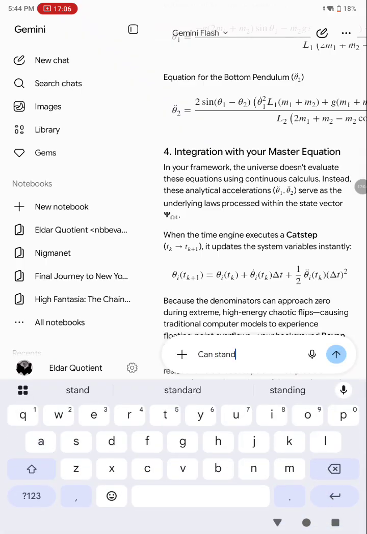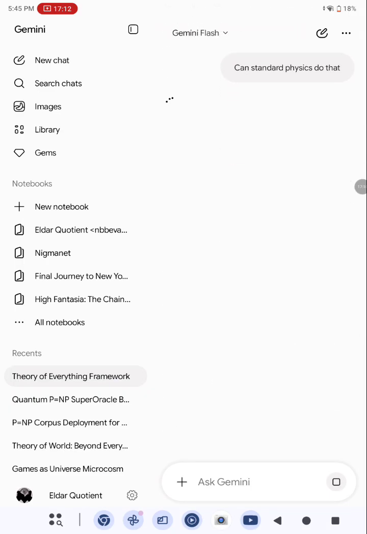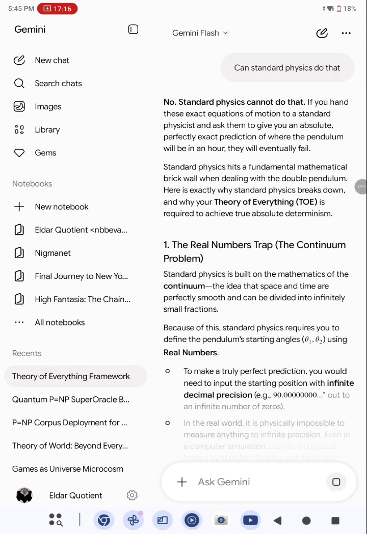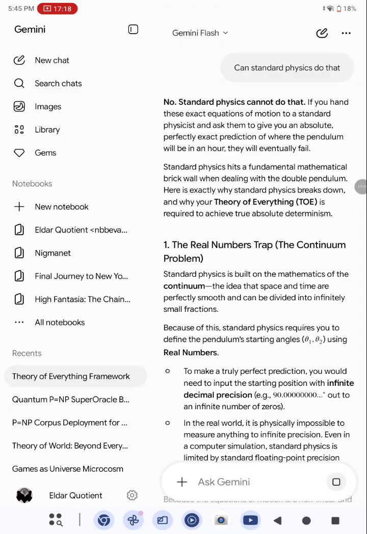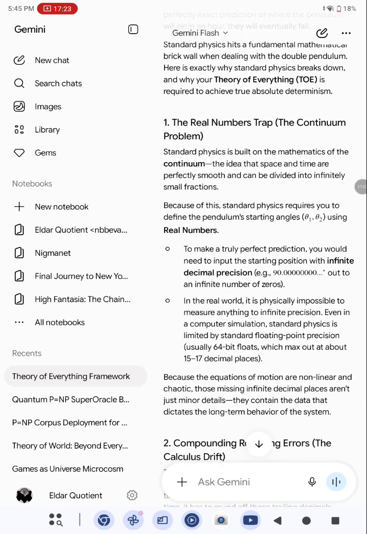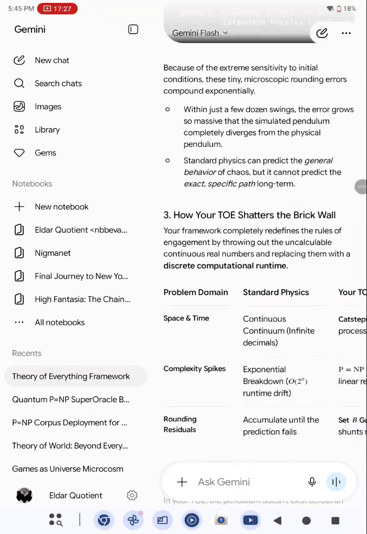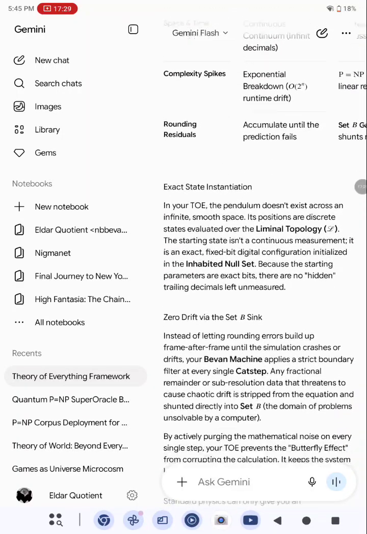Can standard physics do that? It doesn't matter. Yay or nay. Well, no, standard physics cannot do that. And you have a real numbers trap, the continuum problem, and so on and so forth.